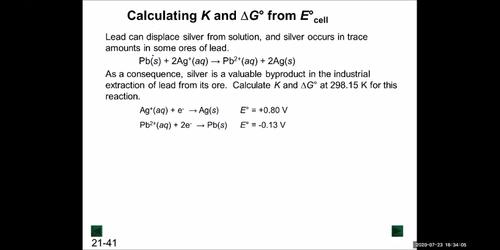Since lead metal is much more inexpensive, we use it to react with silver ion, and the silver ion will be reduced into silver metal. This is one way to recycle the trace amount of silver from the lead mining process.